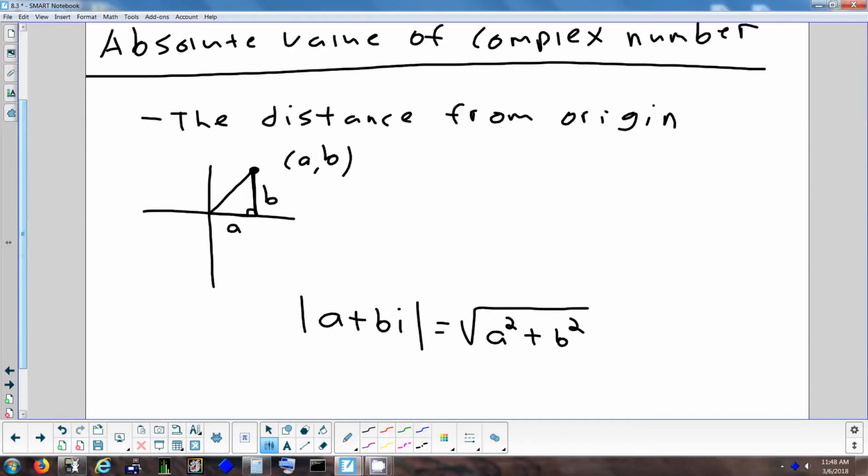If you forget it, really, just remember it's the Pythagorean theorem. Make a triangle out of it, find the base, find the height, use the Pythagorean theorem. Okay. Does everyone have the formula for the absolute value of a complex number?